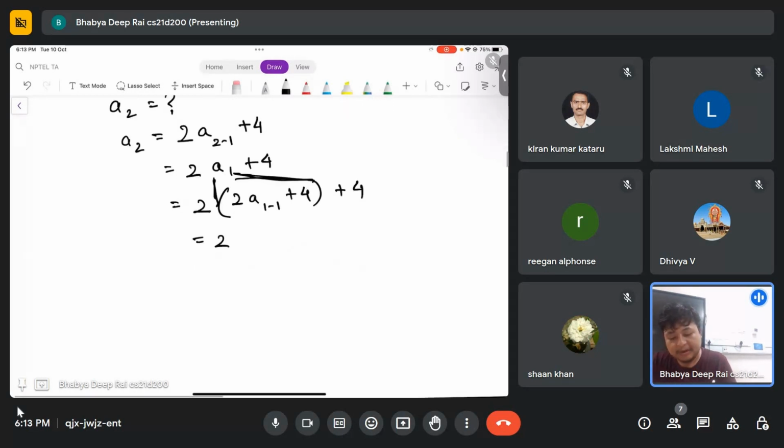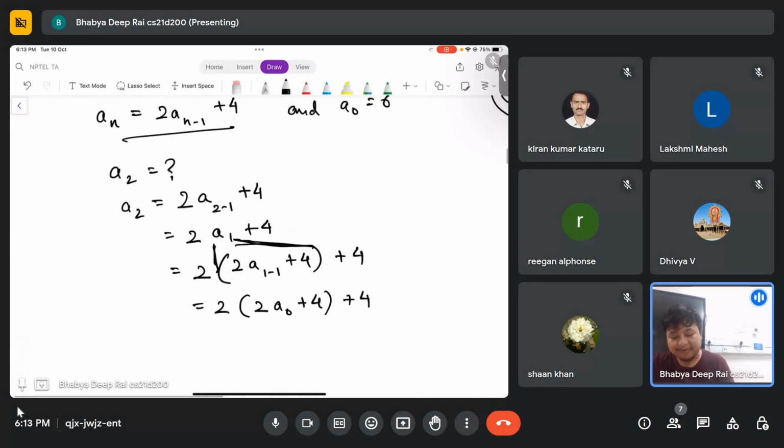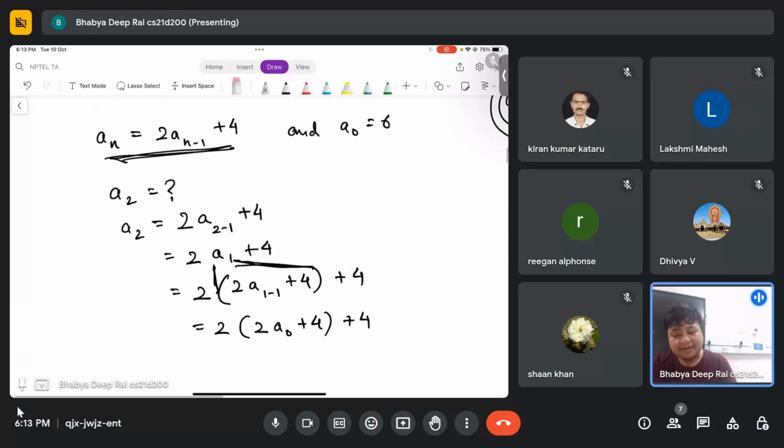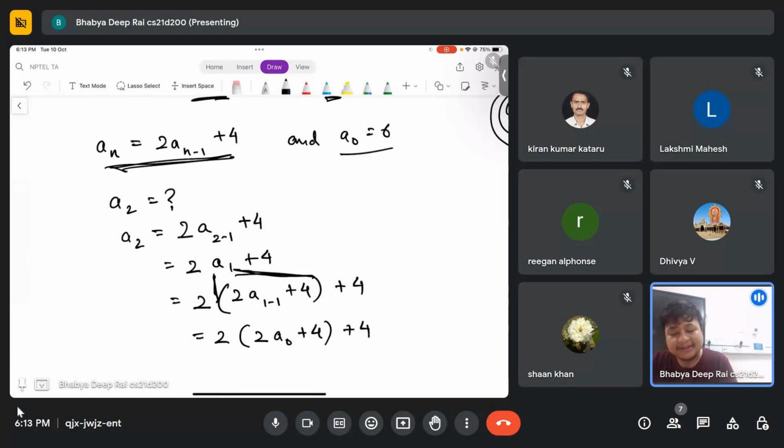We get 2 of a_0 plus 4 plus 4. We could have continued doing this, but then we would get a_{-1}, then a_{-2}, then a_{-3}, and so on, and that process will never end. To stop the process, we have what is called an initial value, where the recurrence actually stops, so that we create a finite process.